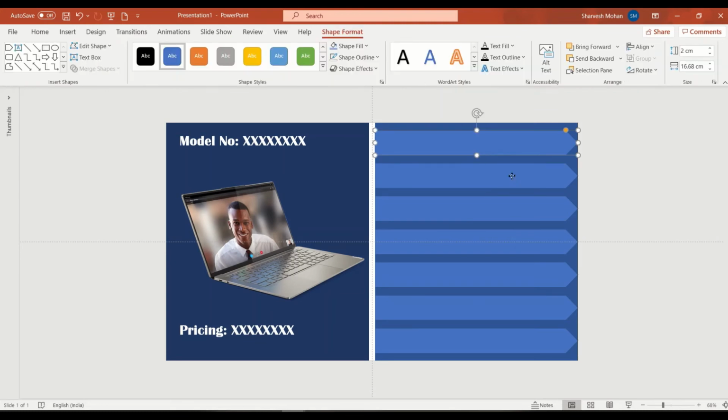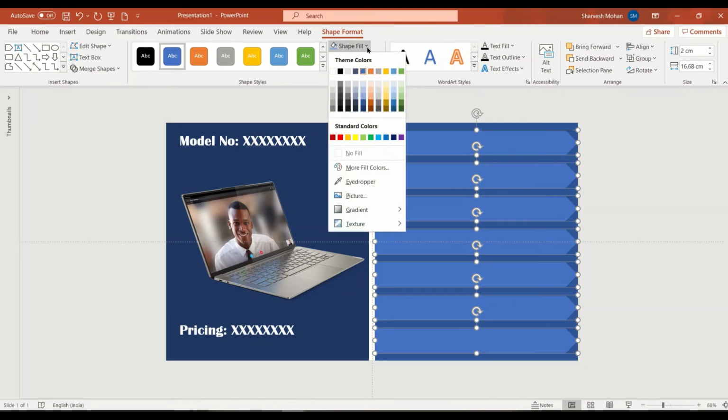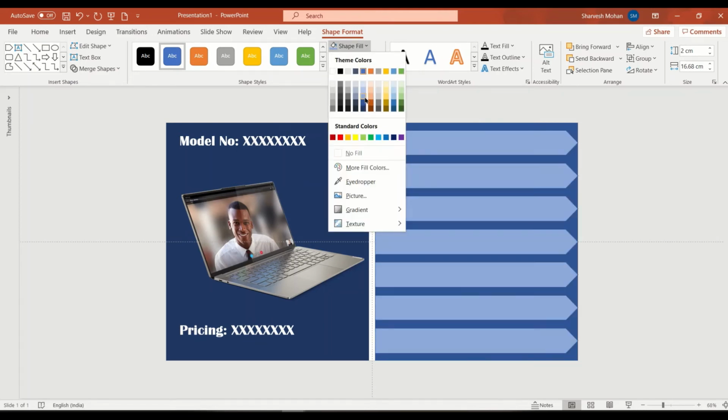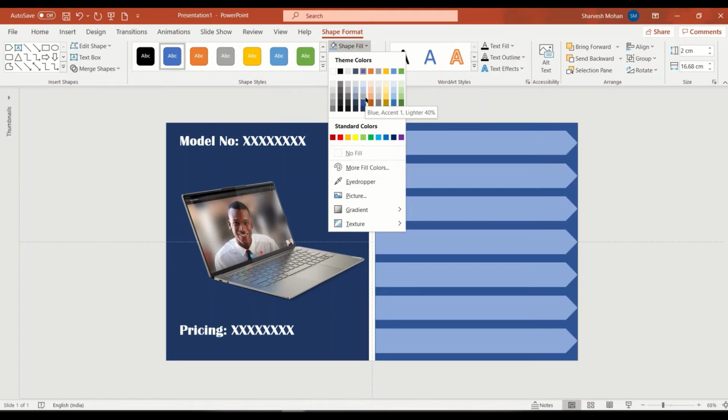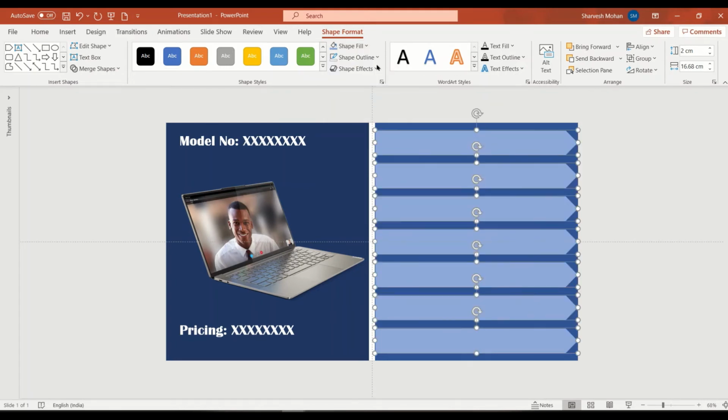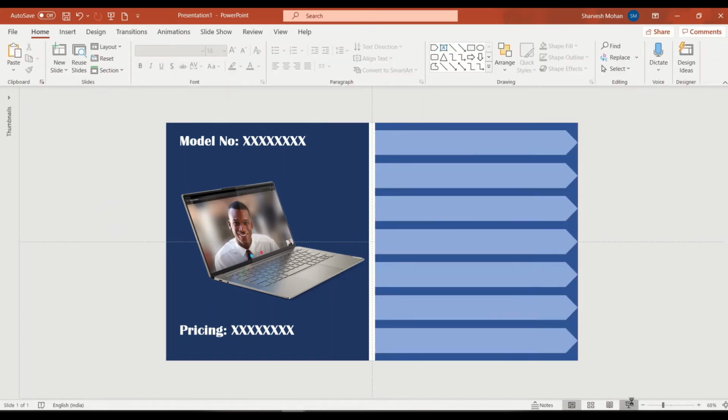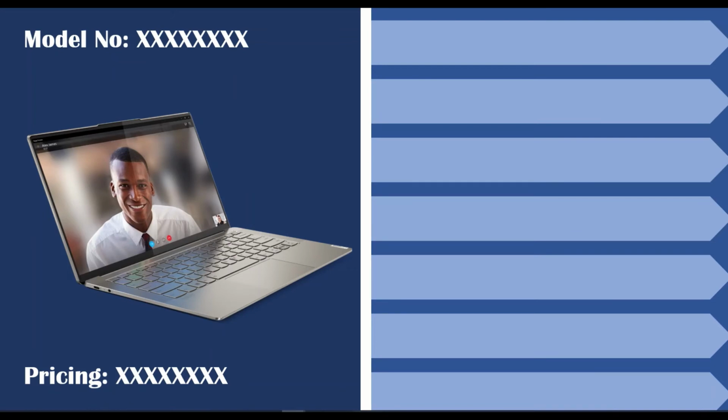Then we have to give the colors, a little bit the same. We'll select this color, first this one, and now this shape, and make it no outline. So now our design is ready.